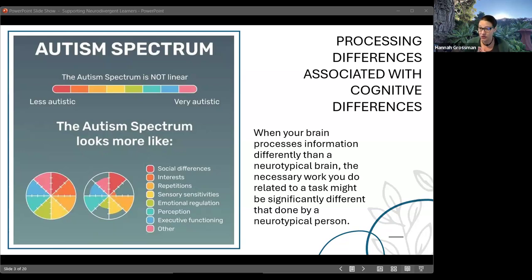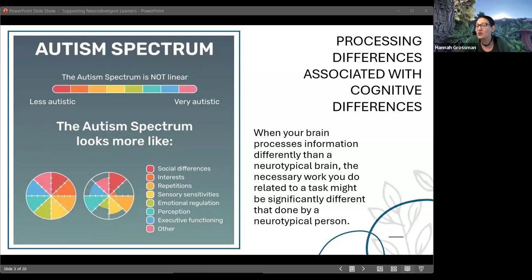Autism can come with social differences, so differences in reading and identifying social situations. It can have differences in your interests, what different things you're interested in, and the amount of attention you put to those interests. It can be differences in repetitions, how many repetitions you need to do things well, which is how your brain processes differently.